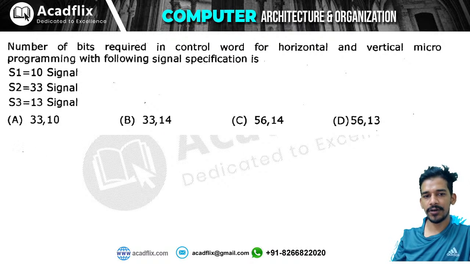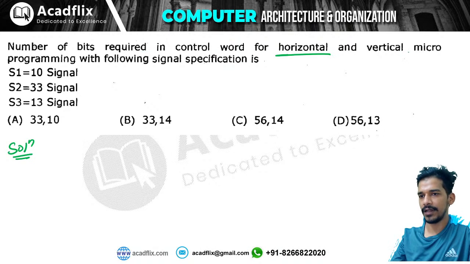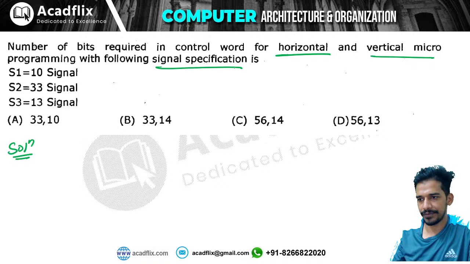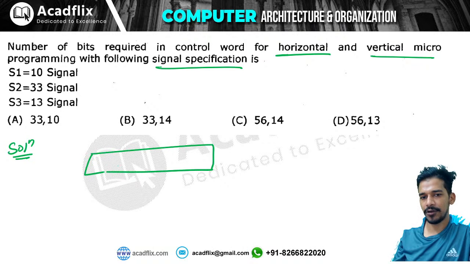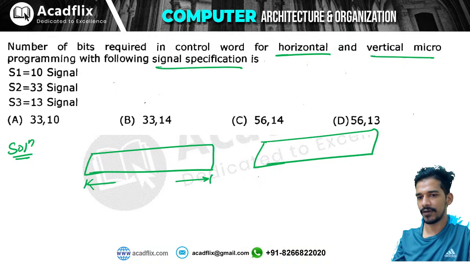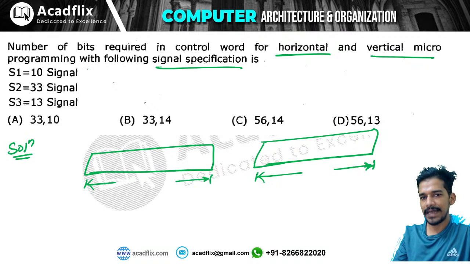So the next question is on the control unit, and it is asking for the number of bits required in the control word for horizontal and vertical microprogramming with the following signal specifications. Right, so we have a horizontal control word, and we know that in the horizontal control word we will use 1 bit for 1 control signal. Okay, and then we have a vertical microprogram control word. You know that in vertical microprogramming you will encode the signals. Encode means that 10 signals can be encoded with 4 bits, right?